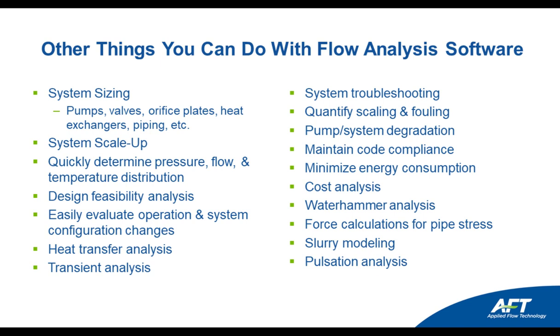Other things that you can do are evaluate operation changes, heat transfer analysis, and transient analysis. It's a really helpful tool for troubleshooting your system. You can quantify how much scaling or fouling might be built up inside your system. That's an important one.